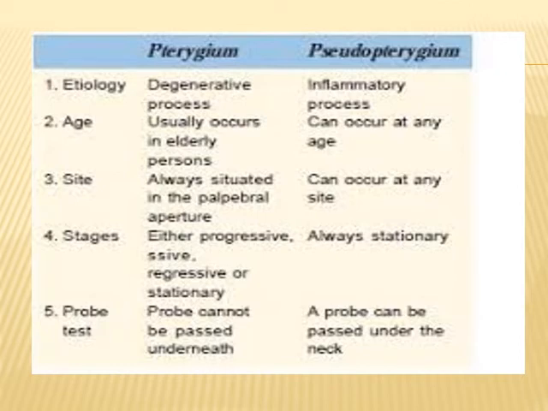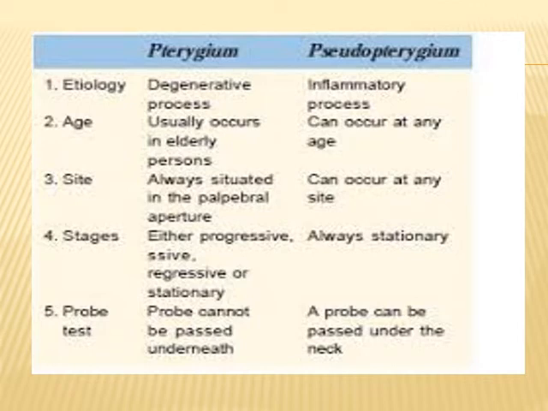So, what is the differential diagnosis? The differential diagnosis is pseudopterygium. Pseudopterygium is nothing but a fold of bulbar conjunctiva which is attached to the cornea. It is formed due to adhesions from chemosed bulbar conjunctiva to a marginal corneal ulcer, and it usually follows chemical injury of the eye. Now, how will you differentiate?